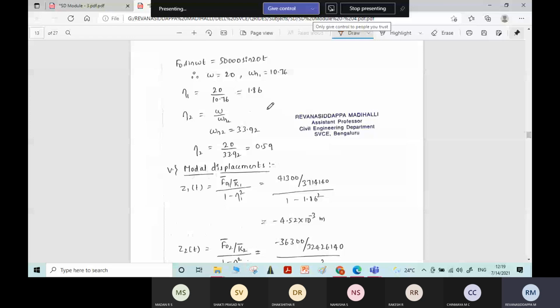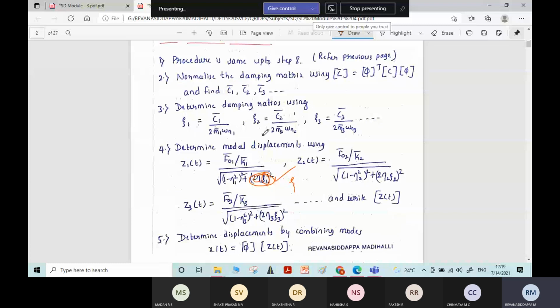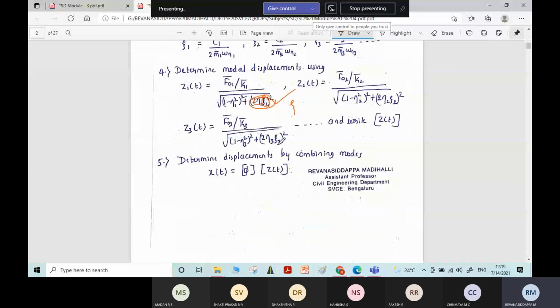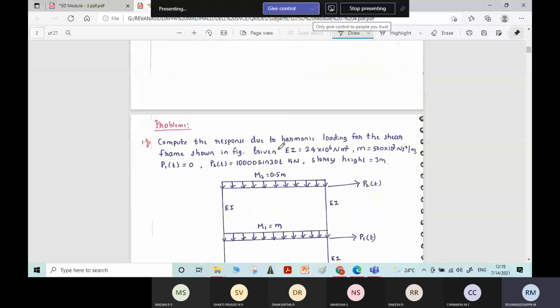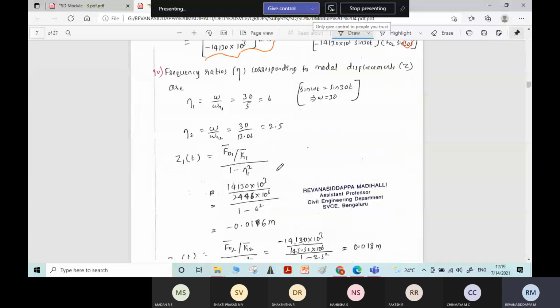Up to step 8, you need to follow the same procedure. After that, you have to follow these steps. If the problem is given with damping, say it is a forced vibration with damping.